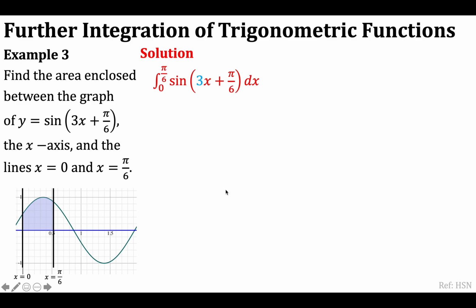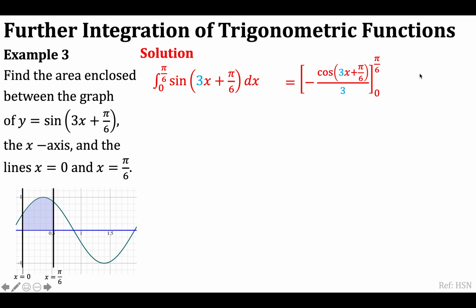So it's the integral between 0 and pi over 6 of sine of 3x plus pi over 6 with respect to x. So integrating sine gives us negative cos. So the integral becomes negative cos of 3x plus pi over 6, and we need to divide by that coefficient of x, which is 3 here. And remember, we were integrating between 0 and pi over 6.